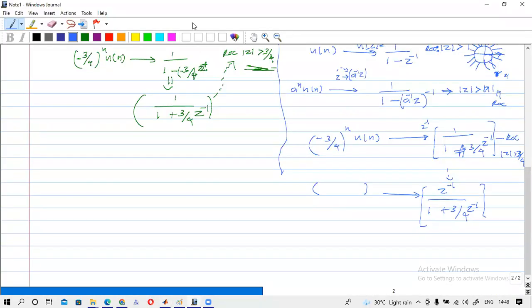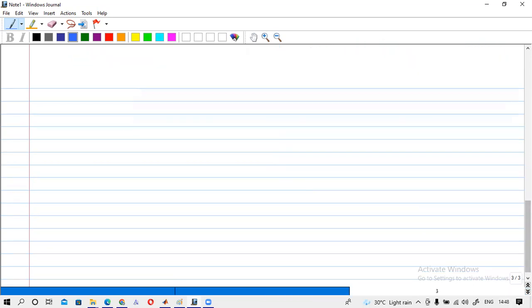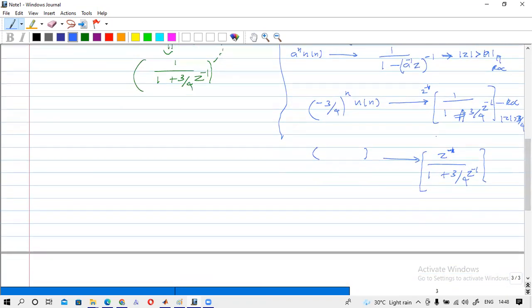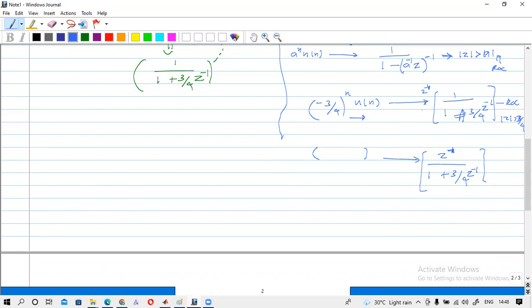So here we have z minus 1. If we have multiplied by this z minus 1, that means if I time shift this by 1 to this way, I will get z minus 1 times 1 divided by 1 plus 3 by 4 z minus 1.